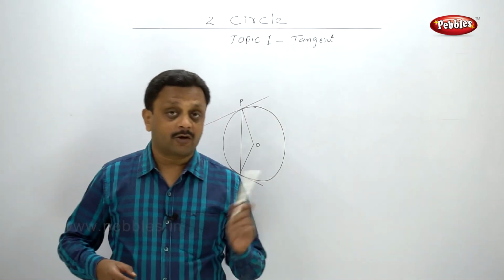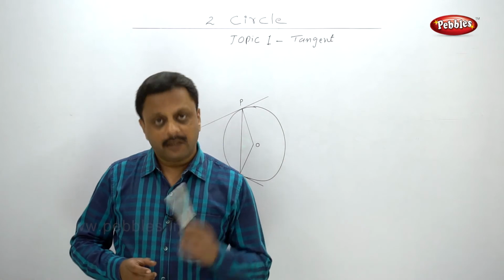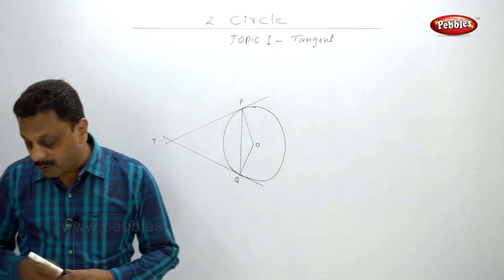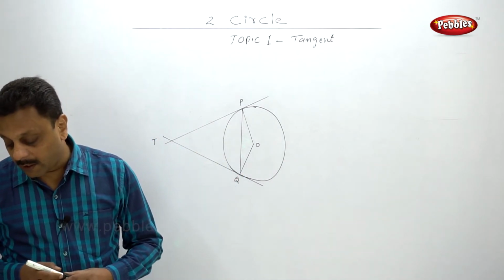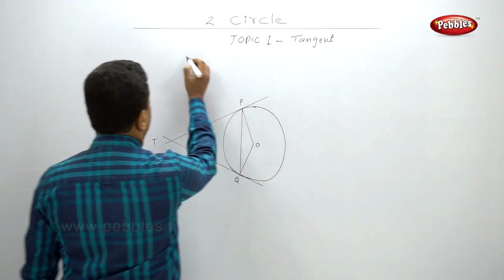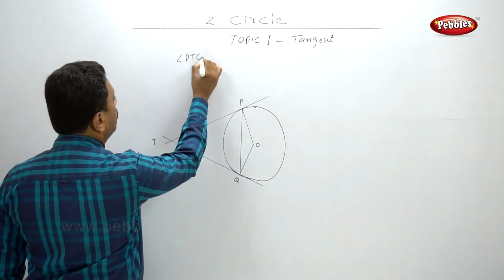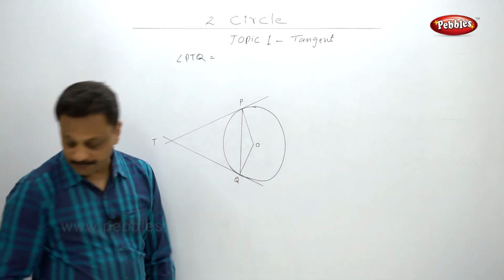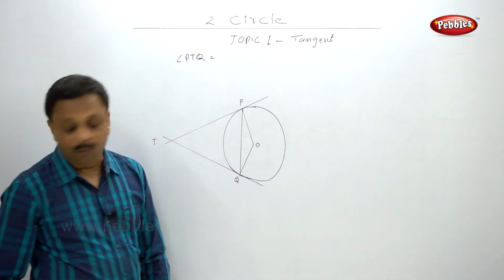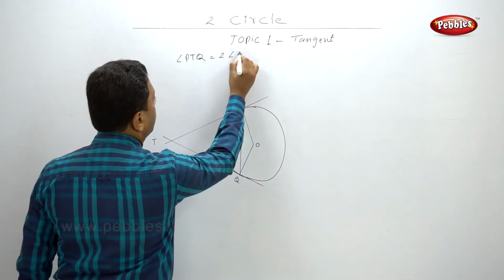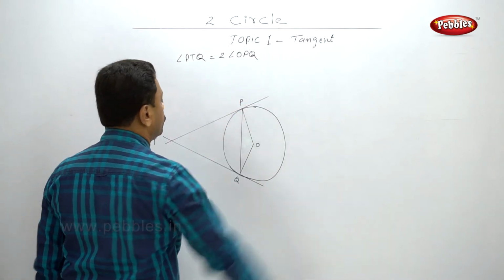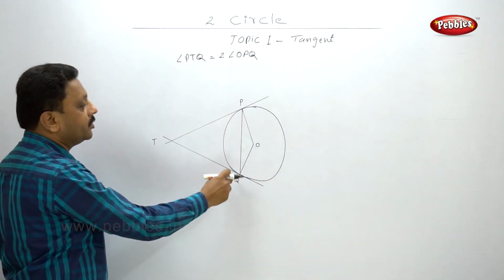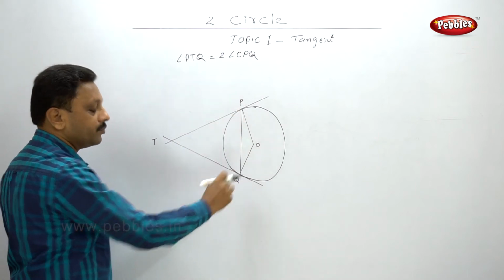Now this figure is a little bit complicated. Let us see what they have asked. Prove that angle PTQ is equal to twice the angle OPQ.